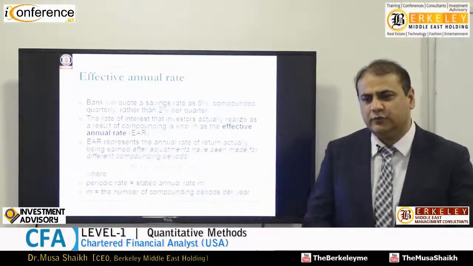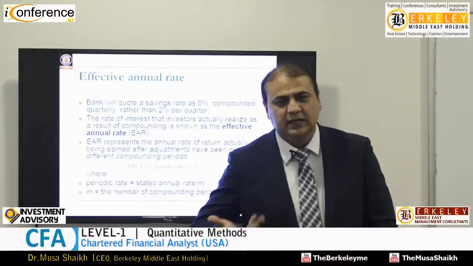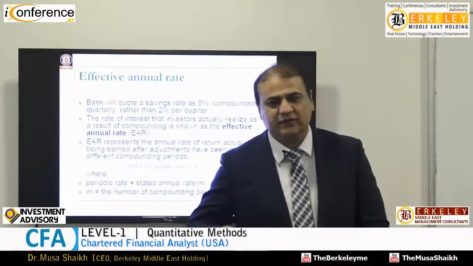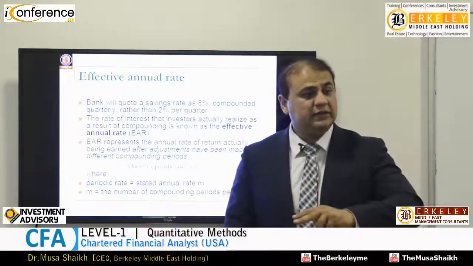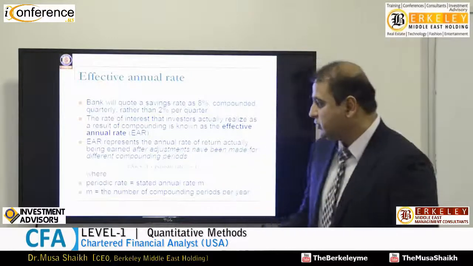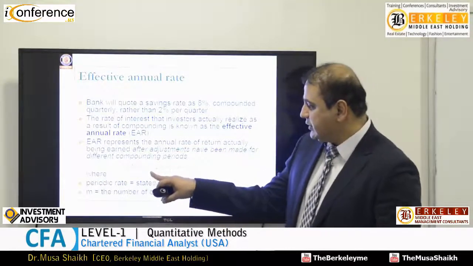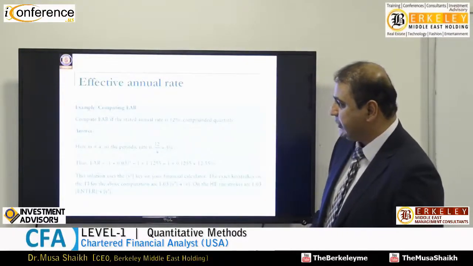Effective is what we are actually paying. This is an important concept. Gross means general; effective means it is actually hitting us. The formula is very simple: 1 plus periodic rate. Now we will do some examples related to it.